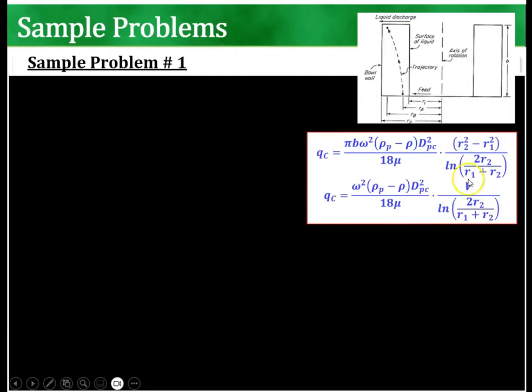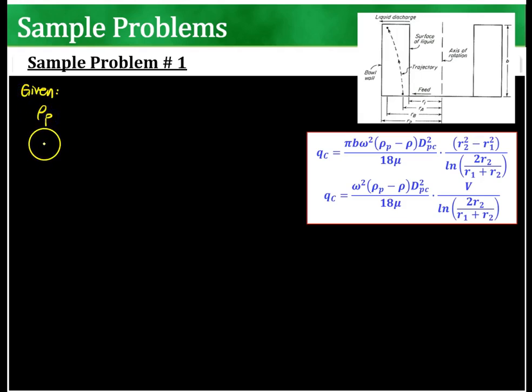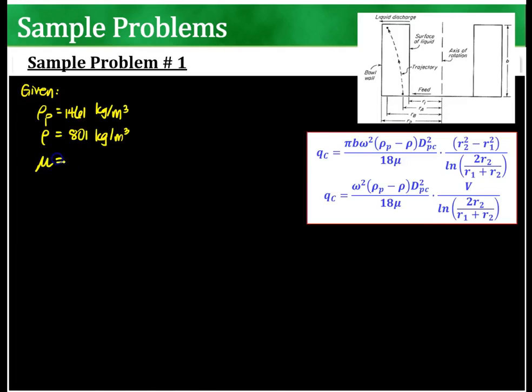I already wrote here the formulas and the parts, in order to guide us as well. So let's write the given. We were given the density of the particle as 1461 kilograms per cubic meter. And then the density of the fluid is given to be 801 kilograms per cubic meter. And you're also given the dynamic viscosity, so mu is equal to 100 Cp, which is actually equal to 0.1 Pascal second.